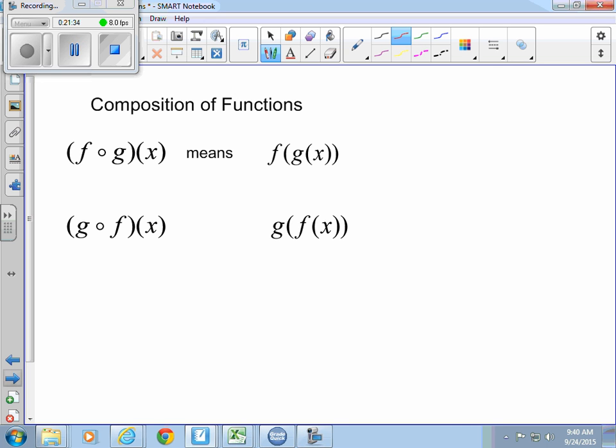So let's talk about what a composition of functions does. It puts a function inside a function. The best example I have is if you've been in a physical science or chemistry class, and you had to convert Fahrenheit into kelvins.